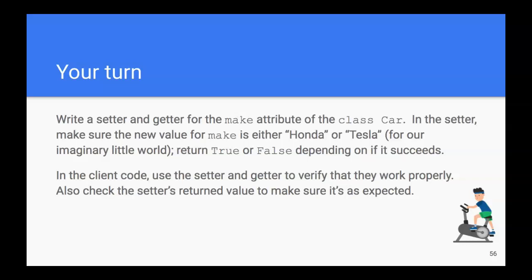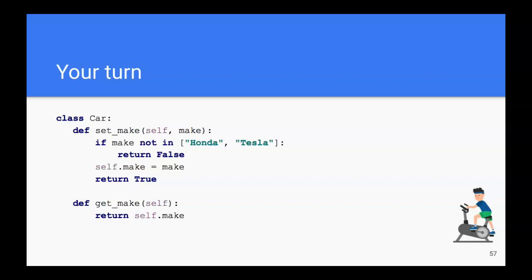Okay, all right. Assuming you've done that, I've actually shown the code here. Not that it's particularly difficult or anything, but I just want to show an example again. In this set make, that takes a new make parameter, we're checking to make sure that if this new value is neither Honda nor Tesla, we return false because we say those are the only two brands in the world.